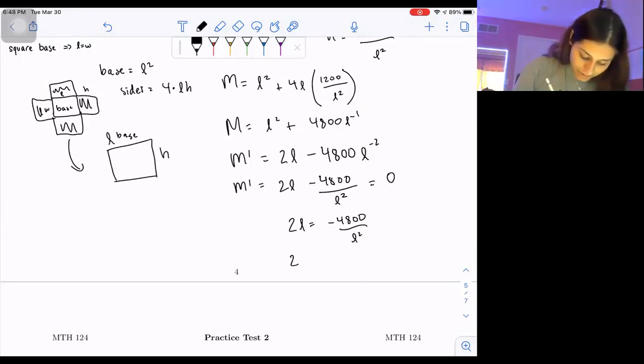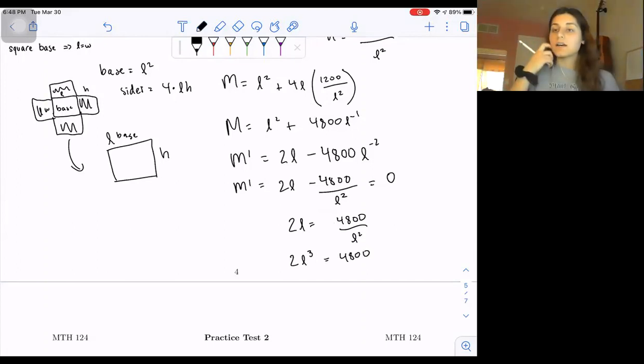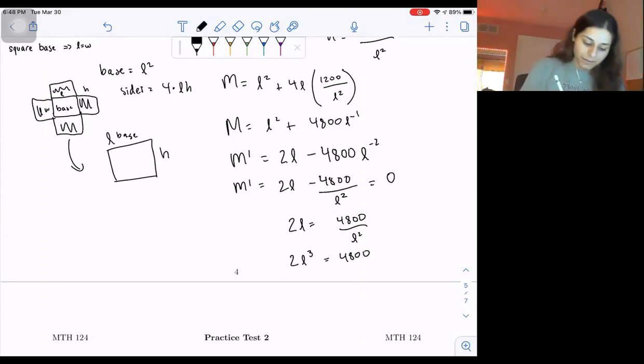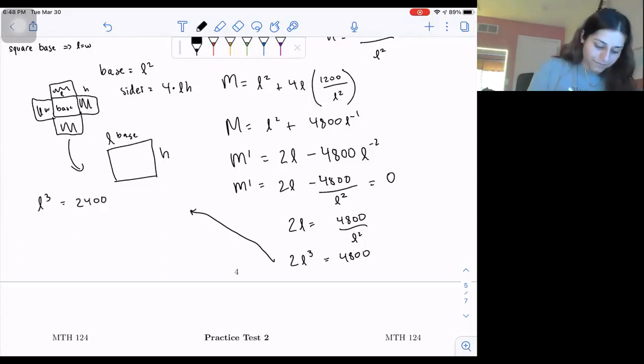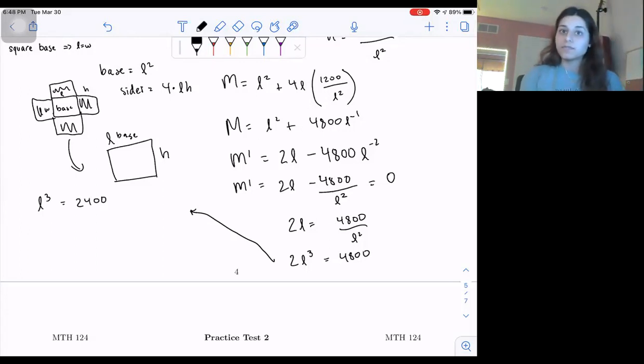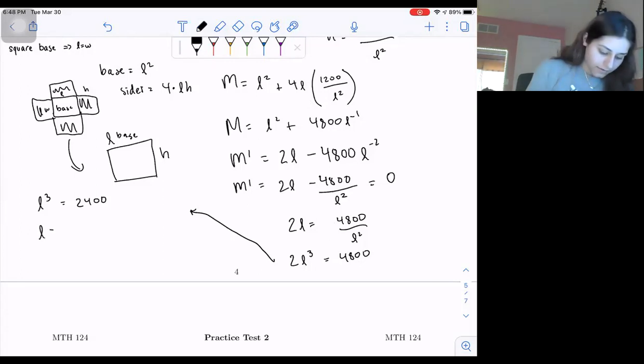So we'd get 2L cubed equals, oh, and we wouldn't have a negative here anymore. Sorry. Okay, 4,800. Then we divide both sides by 2. So we would get L cubed equals 2,400. And then we'll cube root both sides. So we'll have L equals the cube root of 2,400.